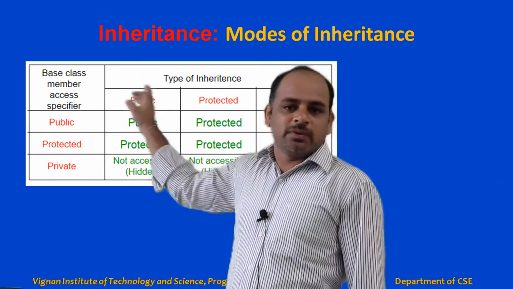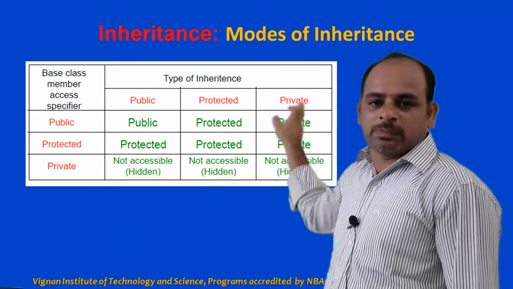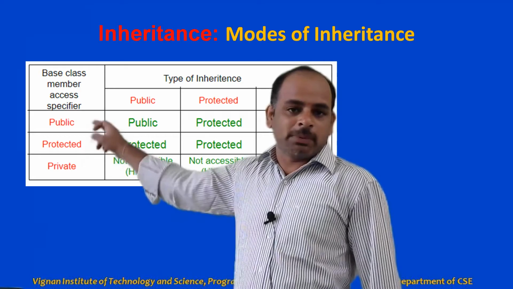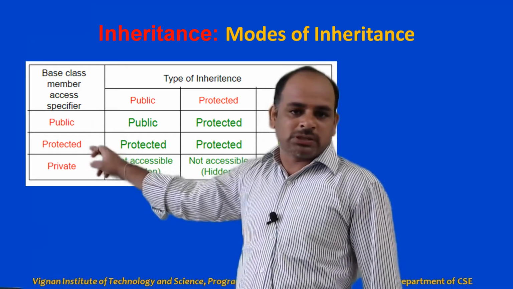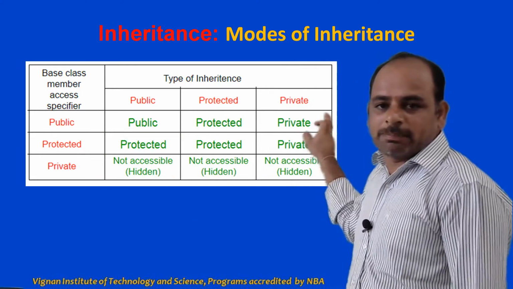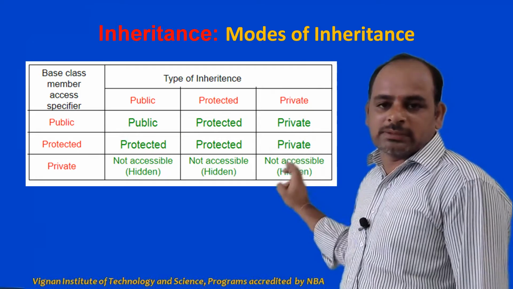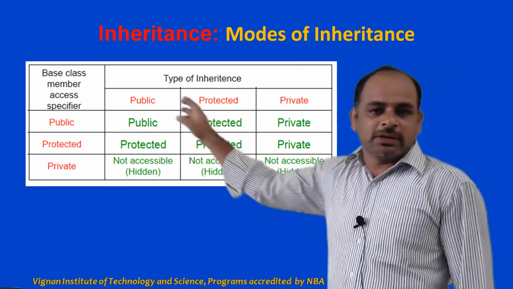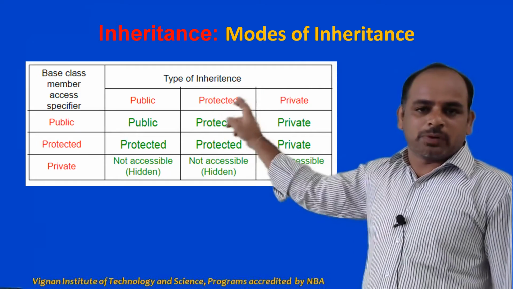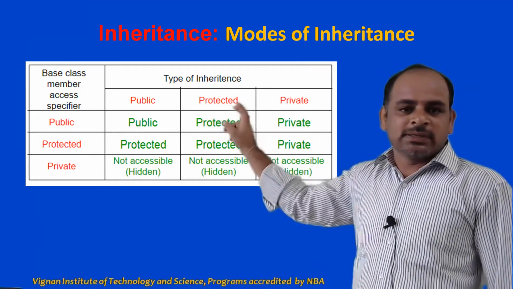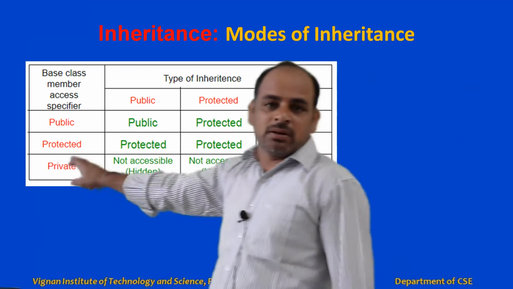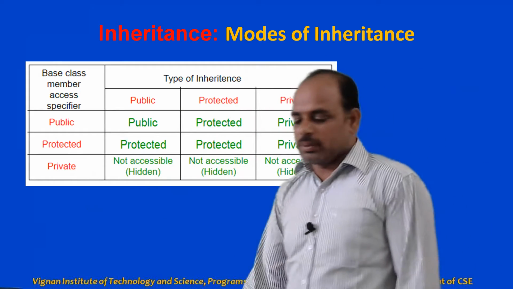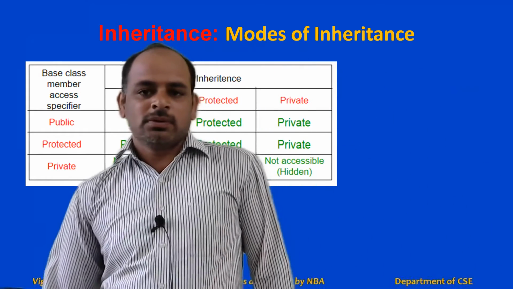And if you derive the child class in private mode, then the public and protected members of the base class become private members in the derived class, but private members of the base class are not accessible. You can see even in public, protected, and private modes of inheritance, all base class private members are not accessible here. That point you have to remember. So these are the different modes of inheritance.